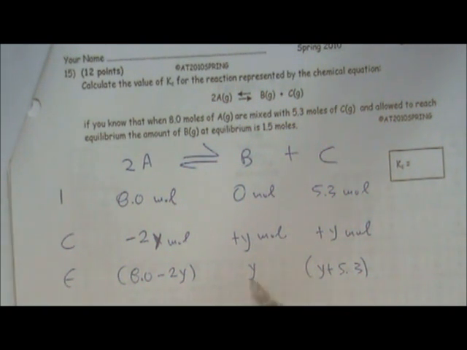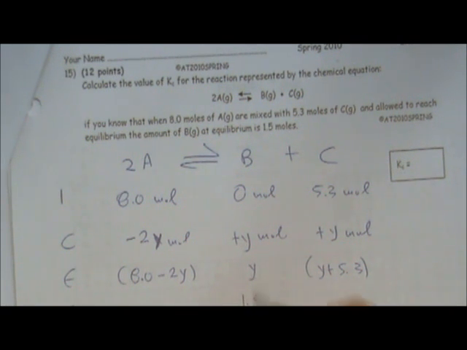And if we knew these values, then we have the Kc. But we don't. What do we know? We know that the equilibrium concentration of B is 1.5. This Y here is actually the equilibrium number of moles for B, isn't it? So that Y is actually 1.5. So I can write in this line, equilibrium, Y, we know from the problem, is 1.5.